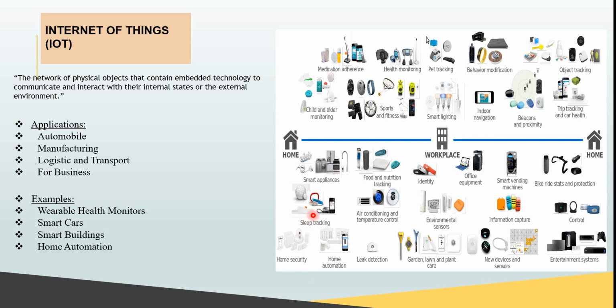Sleep tracking will be helpful for people suffering with sleep deficiency. And home security: if any thief comes to our home and steals something, we will get a notification. We can use Internet of Things in home security.